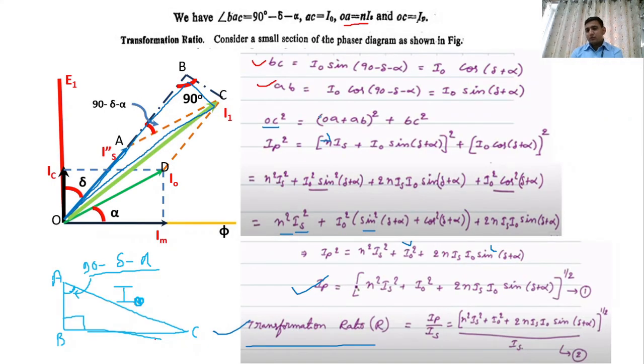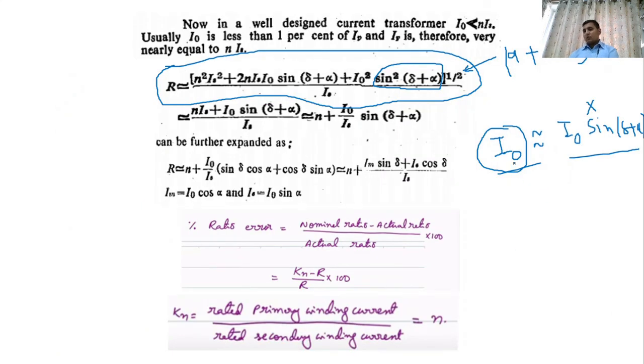In our previous equation, you will see I0 is sitting lonely there. Okay, we will replace I0² with I0 sin(δ+α) whole square. So it will be represented as n plus I0/Is sin(δ+α).